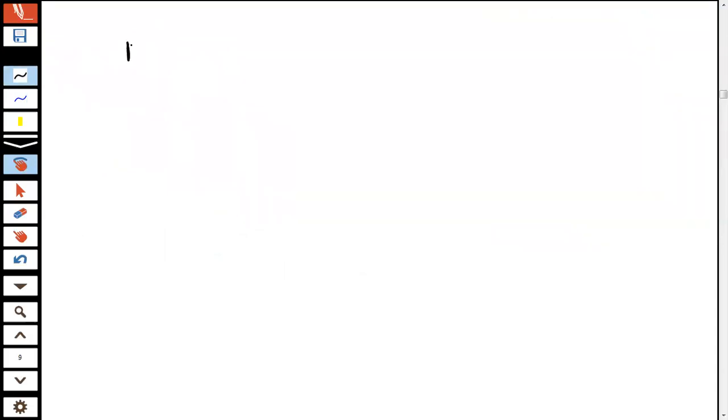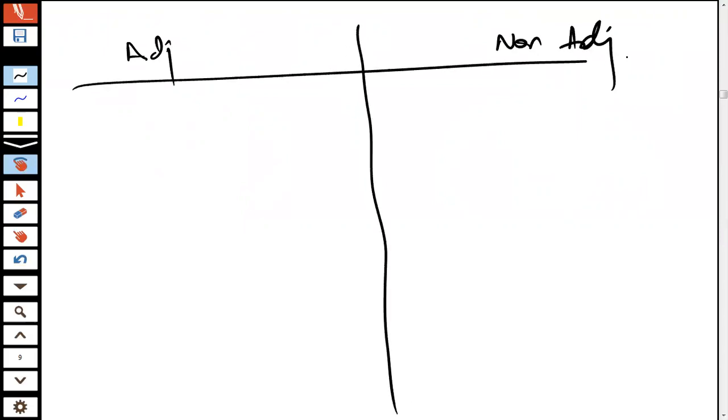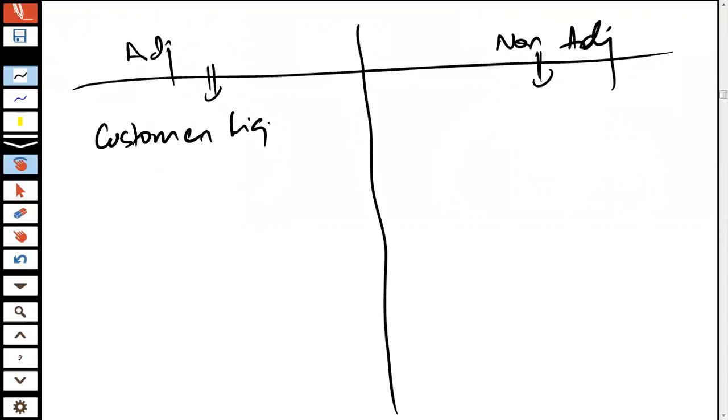What are the examples of adjusting events? What are the examples of non-adjusting events? Let's discuss some examples. The adjusting event could be the news of a customer's liquidation that arises after year end.